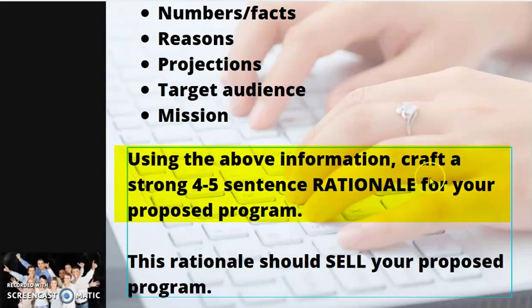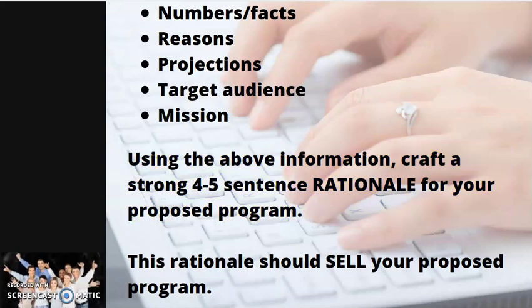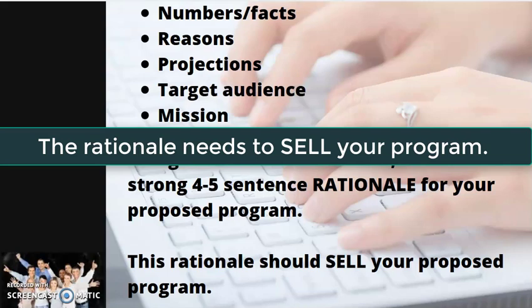That's all you need to do for step number 1. Create that 4 to 5 very strong sentence rationale for your proposed program. It has got to be so strong and so tight that someone will read your 4 to 5 sentences and they'll go, oh yes, we definitely need this program.